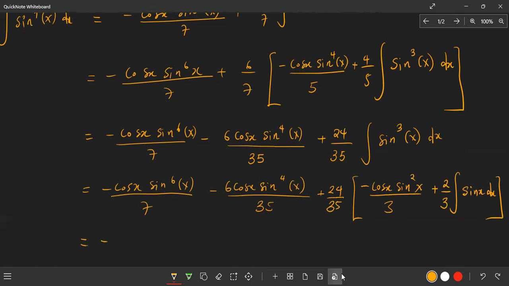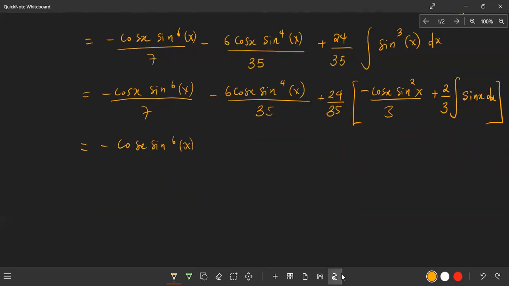Almost there. So negative cos x sine to the power 6 x over 7, minus 6 cos x sine to the power 4 x over 35, plus 24 over 35 by 3. What is 35 by 3?